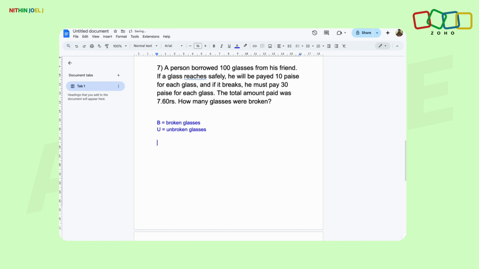So now they have mentioned the total number of glasses is 100. So B plus U is equal to 100. If glasses reach safely, he will be paid 10 paise for each glass. So in his account, 10 paise will be incremented. So for unbroken glasses, right?